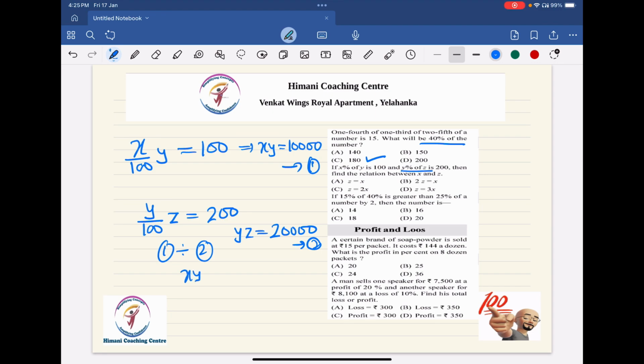So we are doing xy upon yz. The second thing is yz. So xy upon yz is equal to 10,000 by 20,000. So now y and y cut each other. Yeah. And these zeros cut each other. So we are getting x upon z equals 1 by 2. We can cross multiply, which gives z equals 2x. Okay. So C option is the right option.